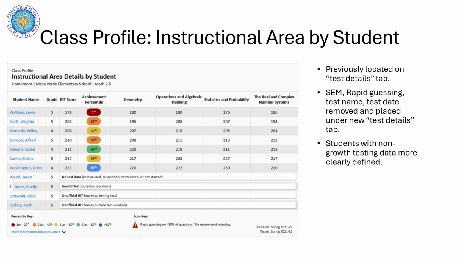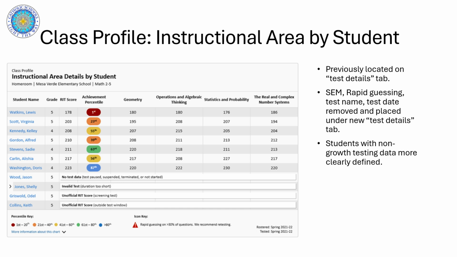So as a classroom teacher in math or dealing with remediation, I can look at these RIT scores by instructional area and determine that the greatest need of focus for Lewis is in statistics and probability, followed by geometry and operations and algebraic thinking.